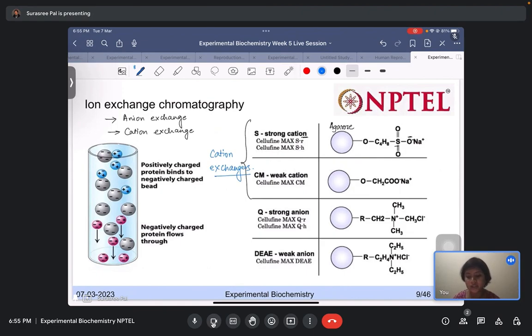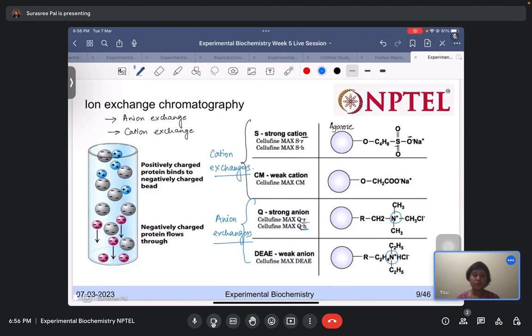So these are cation exchangers, and the next two are anion exchangers, which is why the matrix is positively charged. So you can see there is a positive charge on the matrix. So this is a Q resin.